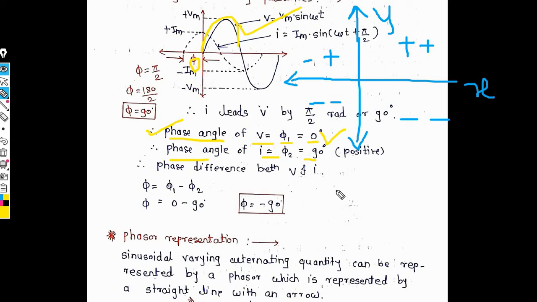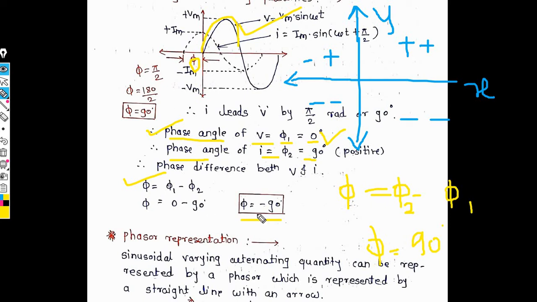Then we have considered phi is equal to phi 1 minus phi 2, and also phi is equal to phi 2 minus phi 1. Then both angles are applicable for this waveform. Here we have obtained minus 90, and here we have obtained phi is plus 90. Then it is easy to identify the leading or lagging quantity.